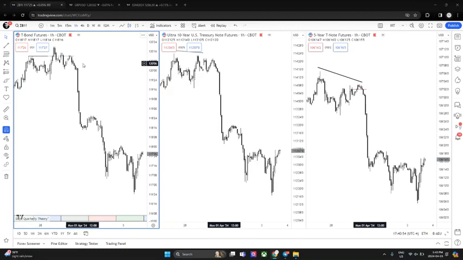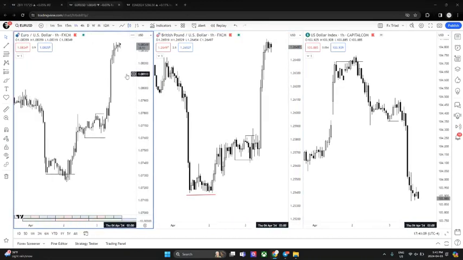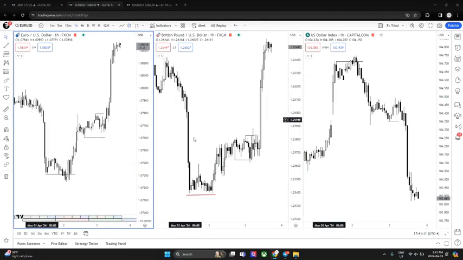Now you know about how each asset can affect the other. Right? Bonds fell here on Monday. Then what happened? We had EU falling Monday, GU falling Monday. That we had the dollar expanding.